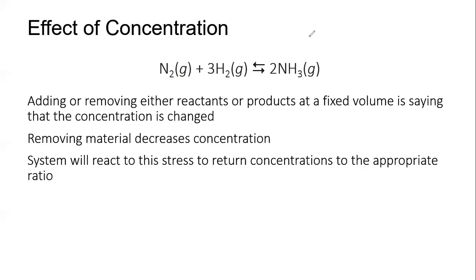Whereas if we remove product, in this case ammonia, since we're removing a product, it's going to shift the reaction to the right to make more product until equilibrium is reestablished. So again, just to recap, adding a product or adding a reactant is going to shift the reaction to the opposite side. If you remove a reactant or remove a product, it's going to shift the reaction to the same side. So this is one way a stress can be applied, by adding a reactant or product or removing a reactant or product.